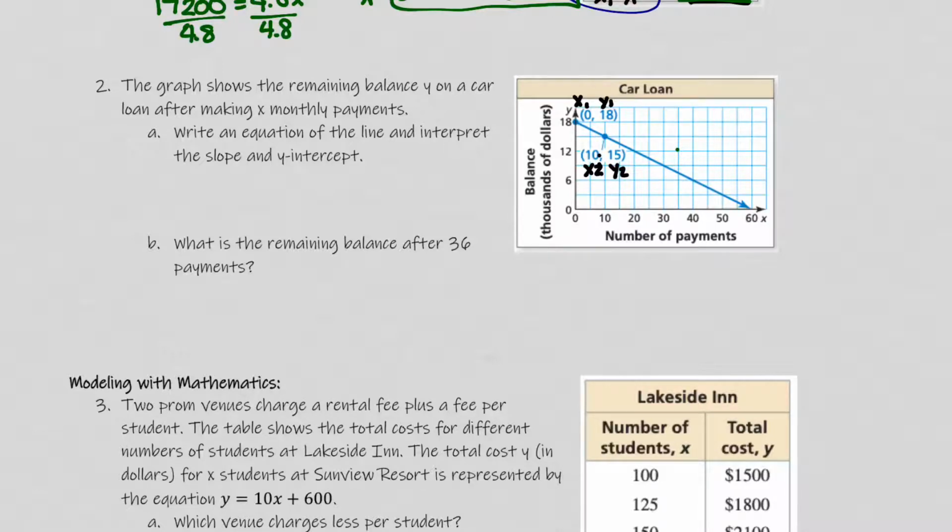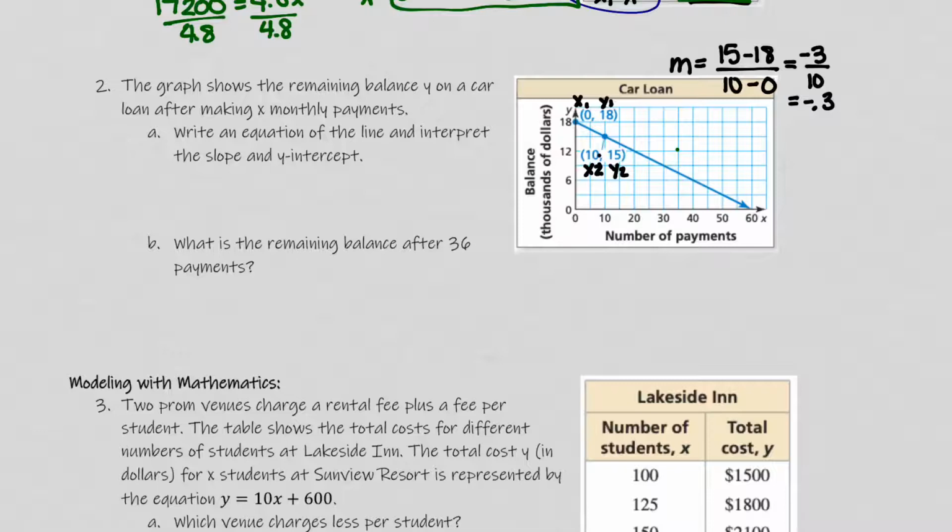Let's first find the slope. It's y2 minus y1 over x2 minus x1. So I end up with a -3 on the top and a 10 on the bottom. If we write it as a decimal, it is -0.3.